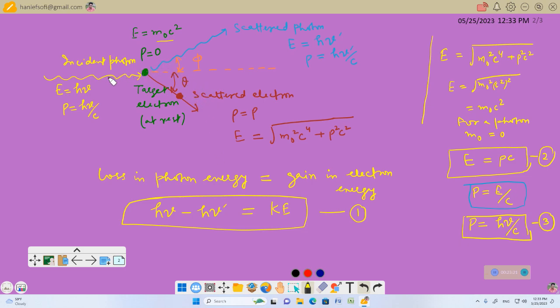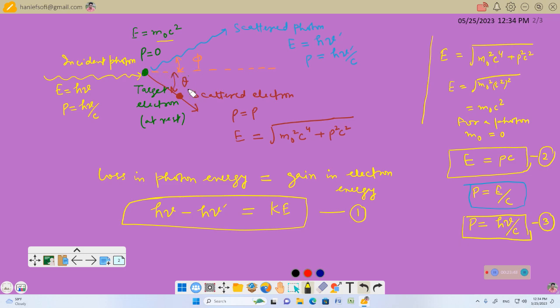In this diagram, initially the momentum of the system is only due to the photon because the electron is at rest. After the collision or scattering takes place, the momentum is partly with the scattered photon and partly with the scattered electron.